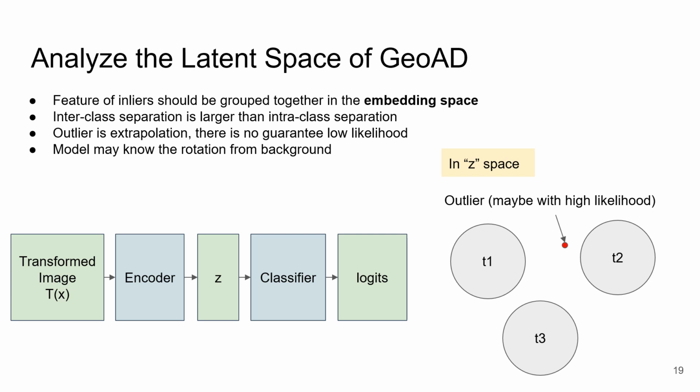Because GeoAD does a classification for every transform, it can separate every transform and group the same transform together. But the problem is that if the input is an outlier, then the feature of the outlier will locate in a strange location, and there is no guarantee of low likelihood because this is extrapolation.